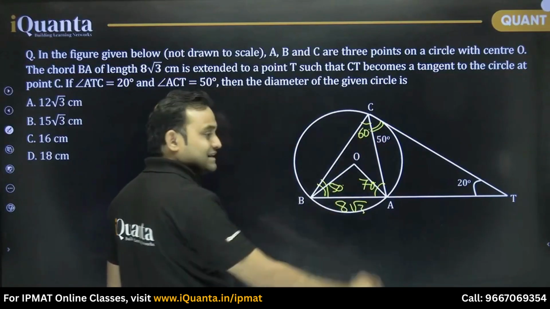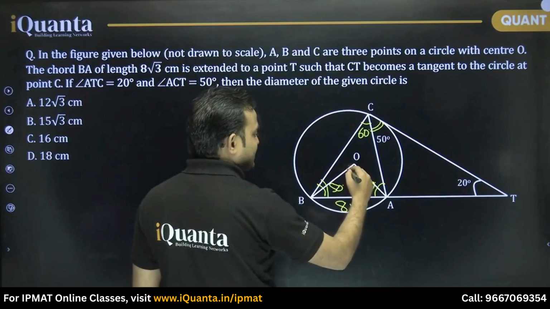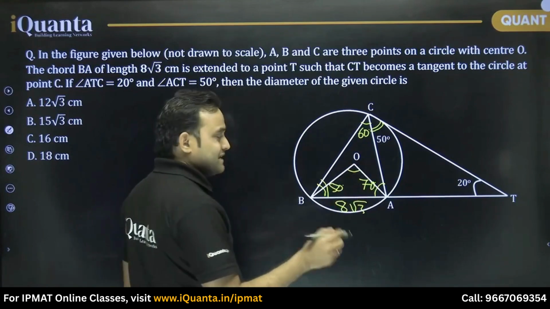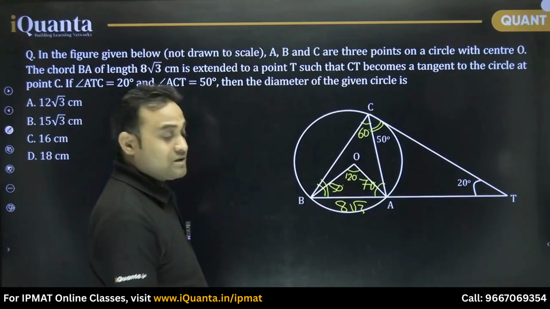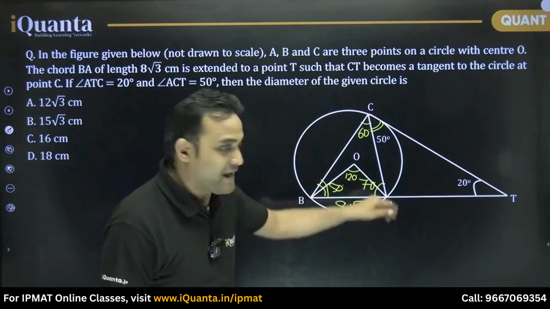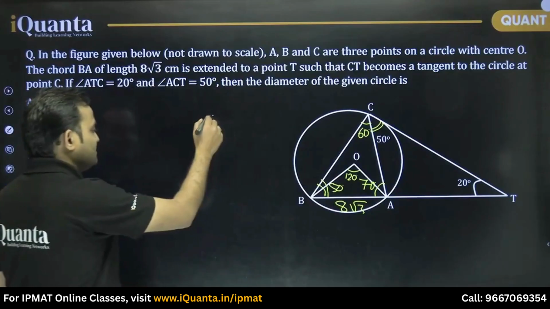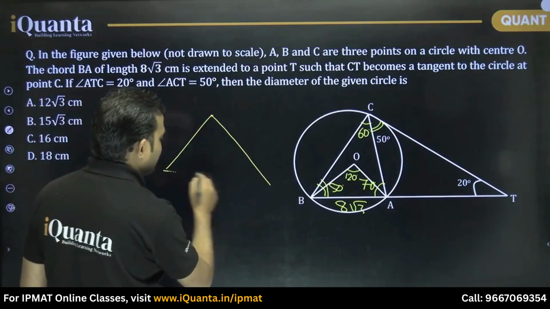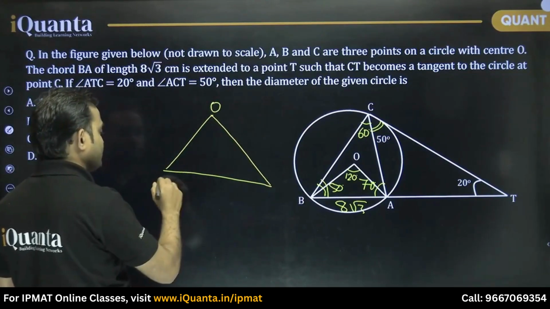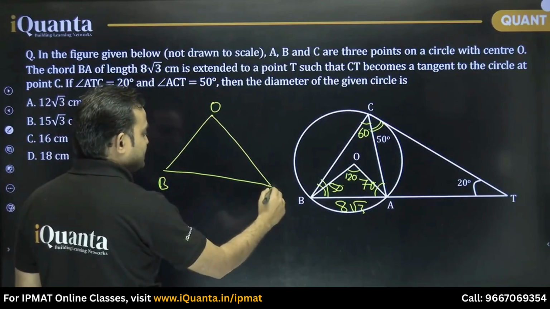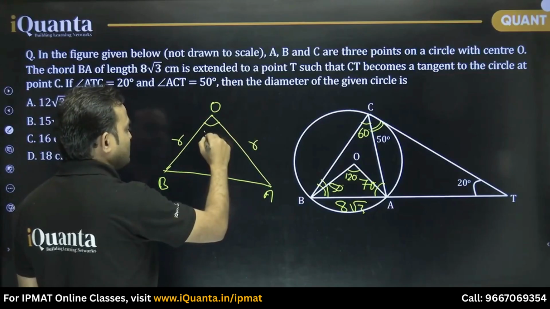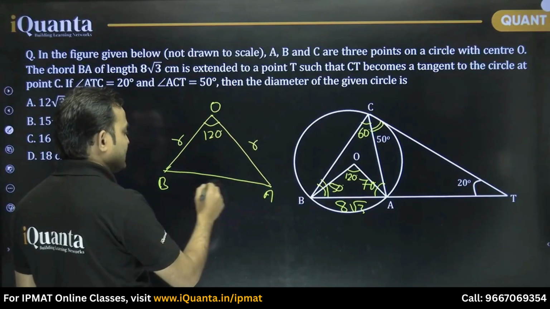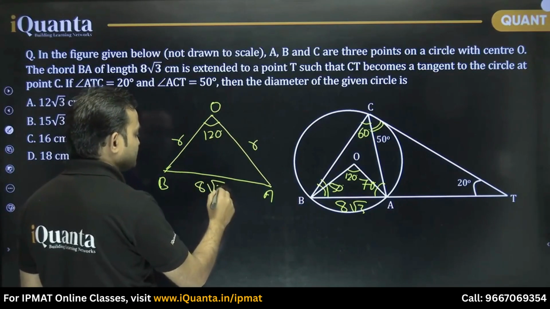And if this angle is 60 degree, can I say the angle made on the center must be double of it, which is 120 degree. Now think about this triangle OBA. In triangle OBA, we can say that this is radius R, this is also radius R, this is angle 120 degree, this AB is 8 root 3.